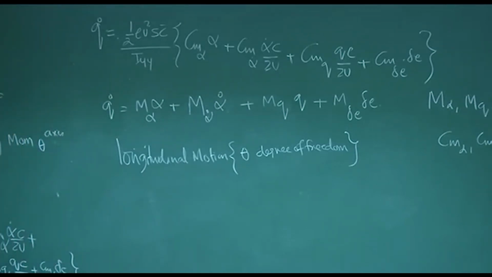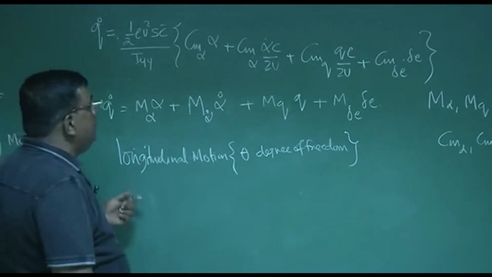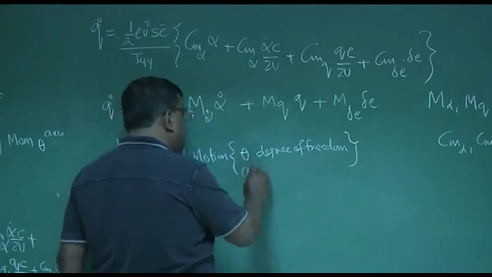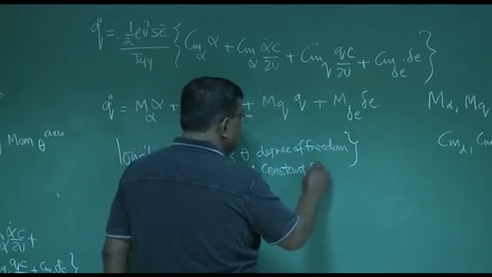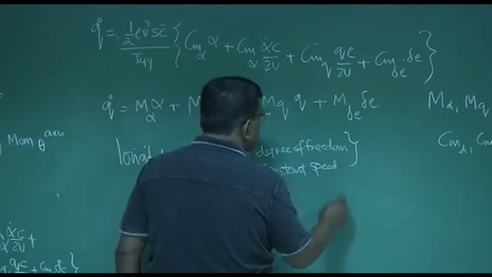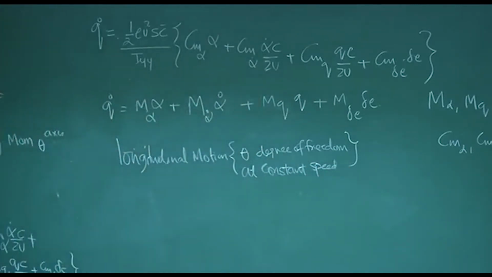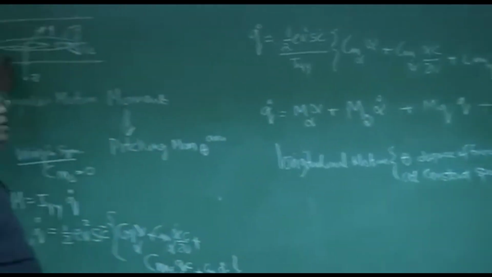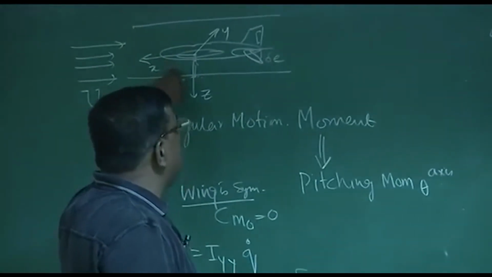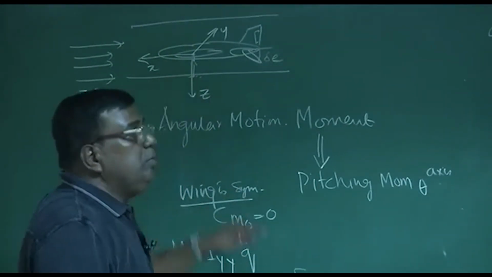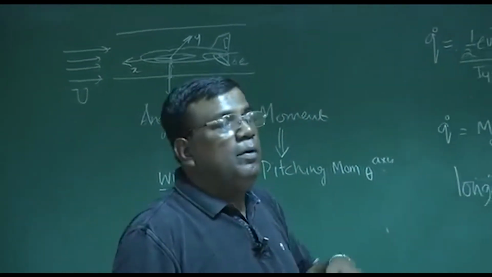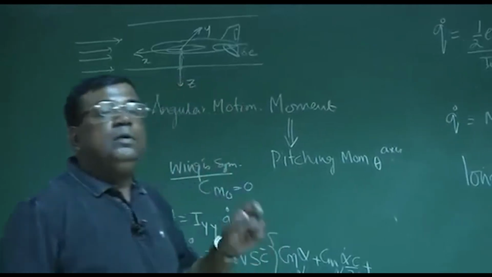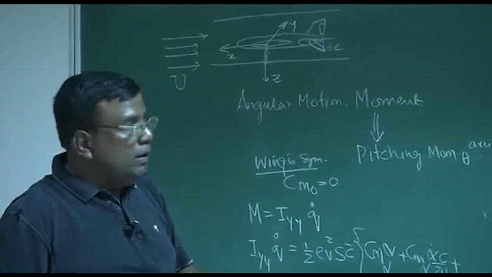And we are also implicitly assuming it is at constant speed, or velocity, because we are simulating a case of pure pitch which can easily be simulated in a tunnel. But pure pitch cannot easily be simulated in an open atmosphere, because the moment you give some deflection, there will be plunging motion as well, right?